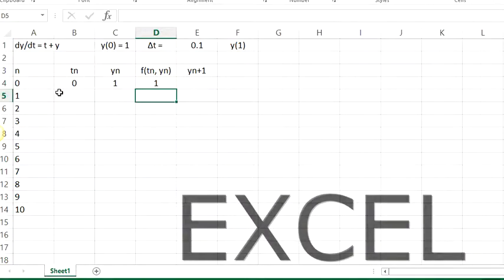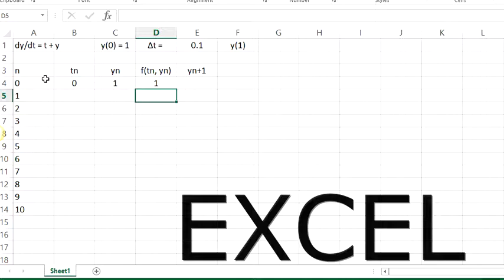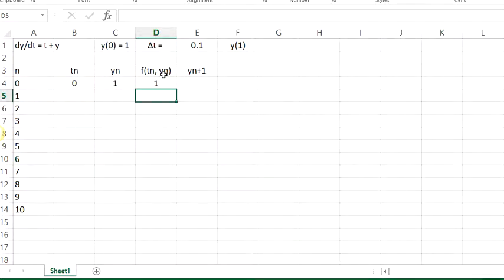I have it set up here with a few columns: n, t sub n, y sub n, my slope f of t sub n, y sub n, and y sub n plus 1. My initial value of t is 0, y of 0 is 1, and my initial y value is 1. My slope depends on my equation, which is t plus y. So that's equal to this cell plus this cell, as you can see in the formula.